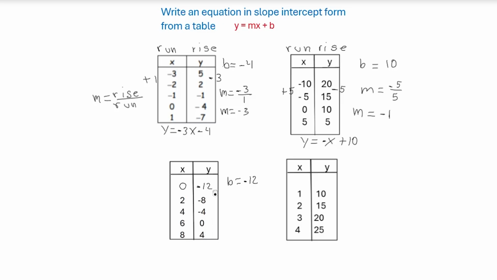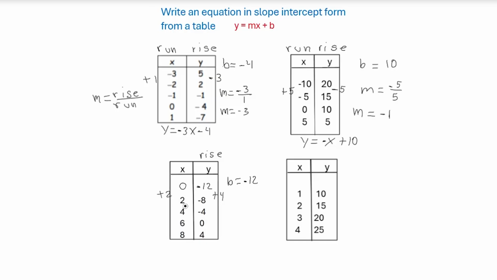And now you can see we're going to be adding 4. -12 plus 4, you get -8. Plus 4, you get -4. Plus 4, you're going to get 0. Plus 4, you get 4. So this will be the rise. Okay. And then the rate of change on this one is going to be plus 2.